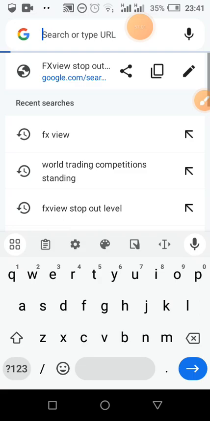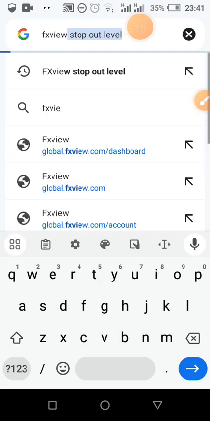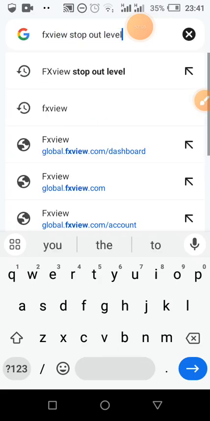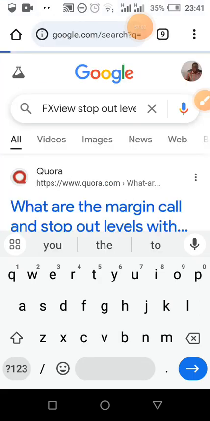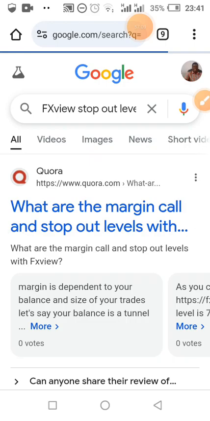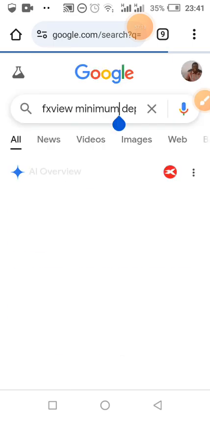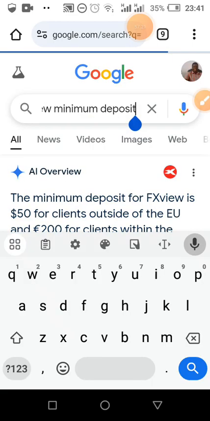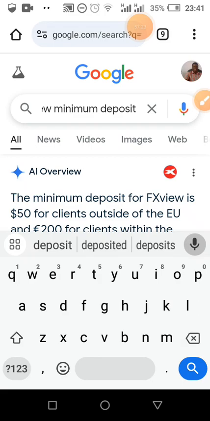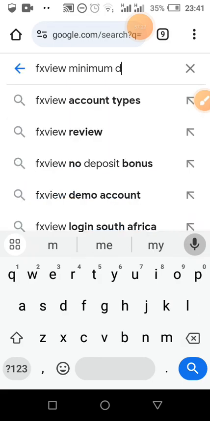And then maybe if I open the website on desktop view, it might not have a problem of failing to select the different types of accounts, so you can compare the commissions and the spreads.